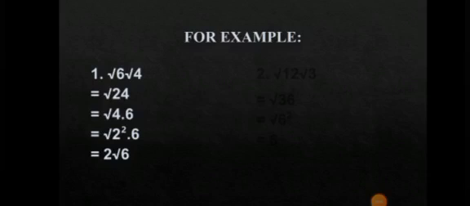The factors of 24 are 4 times 6, and it is equal to square root of 2 squared times 6. Then the final answer is 2 square root of 6.